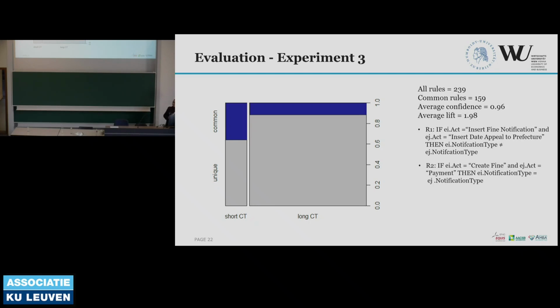Unlike in the shortest cases, they tend to use similar resources and similar notification types. And that somehow provided us insights to understand why these events are correlated together, and also to understand more why there was a variance in the cycle time.